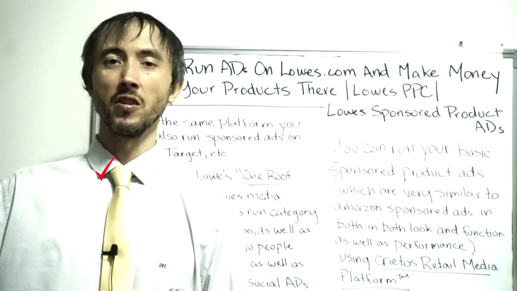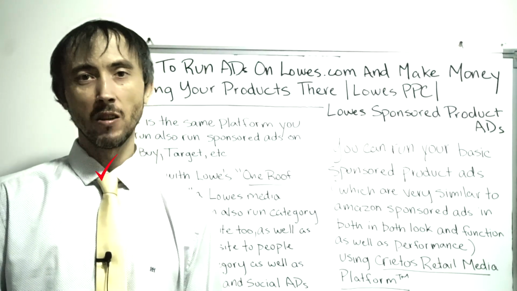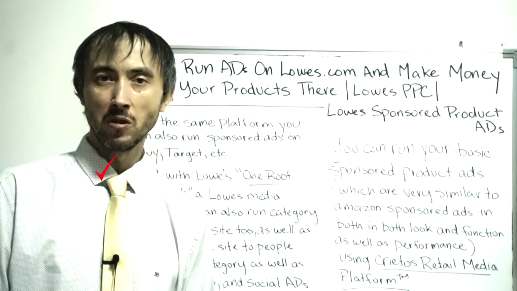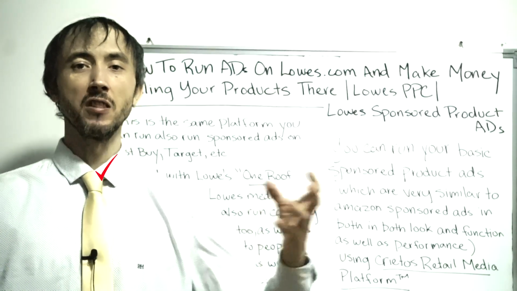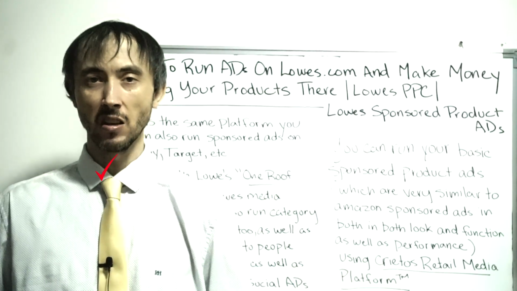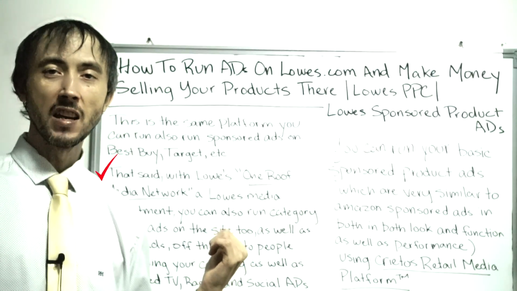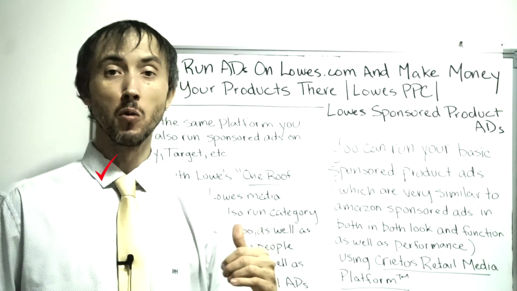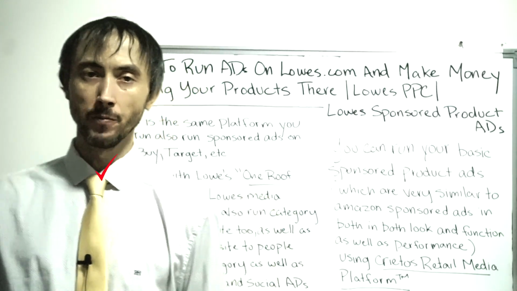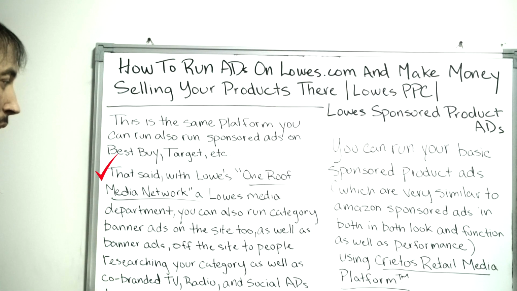You've already gotten all the sales you can from Google and Bing, ran Facebook ads, already on Amazon. You want to expand? This is one way to expand. Or you're just having trouble on these other platforms because your product's not trusted. You use Lowe's stamp of approval, like I was saying here, and then you could get your ads to work in a scalable way that you couldn't on your own before. So you have those opportunities for you as well.